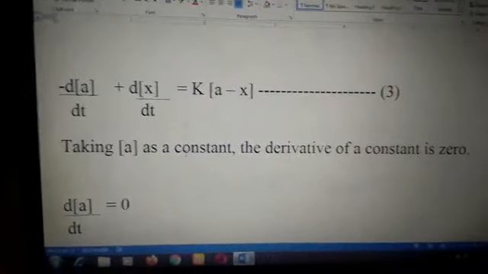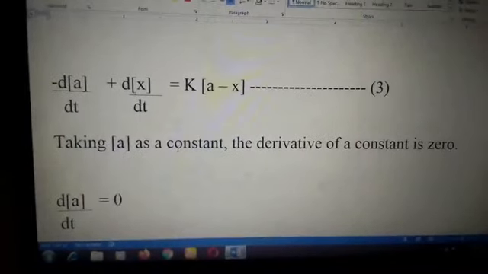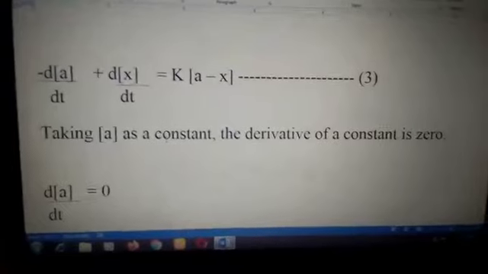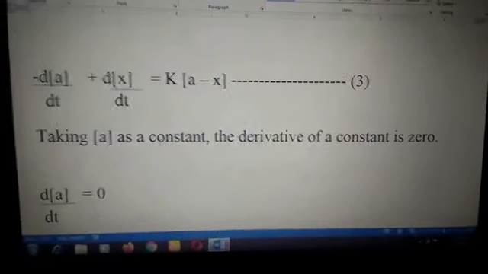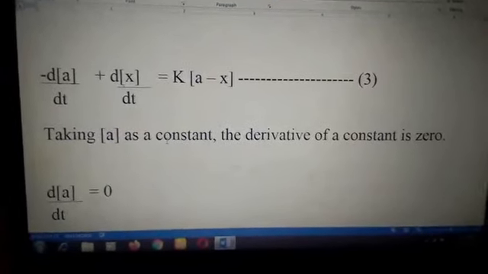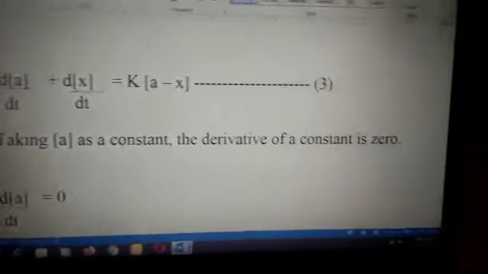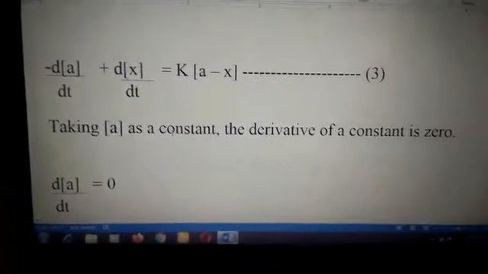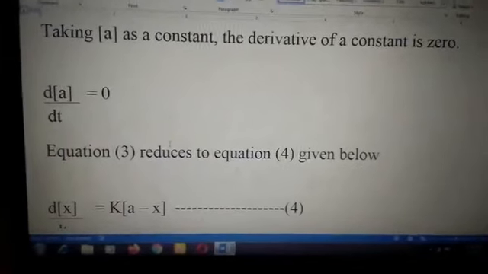Since we are taking that initial concentration small a as a constant, and in mathematics the derivative of a constant is 0, da over dt is 0.